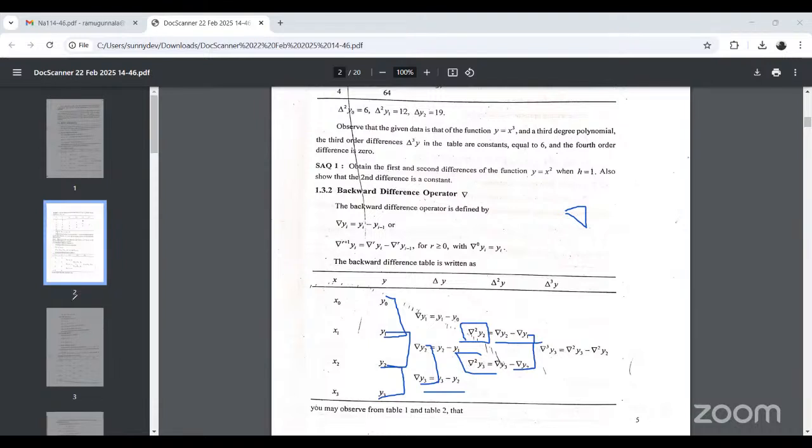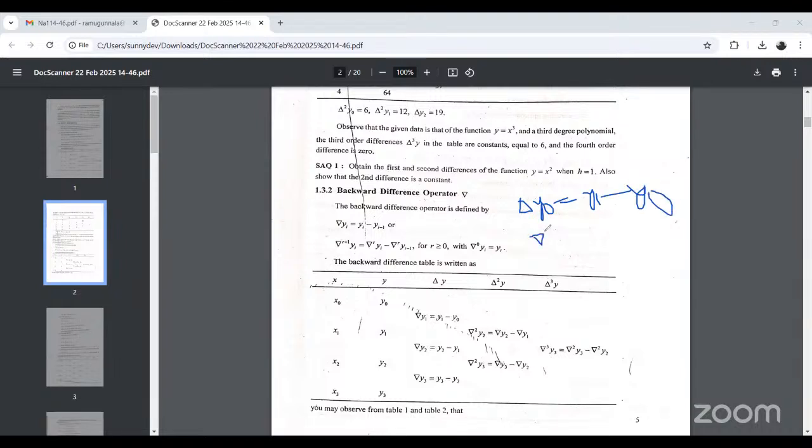See, one thing I will explain here. This is delta y naught, which we write as y1 minus y naught. So same thing here, the nabla y1 we can write as y1 minus y naught.